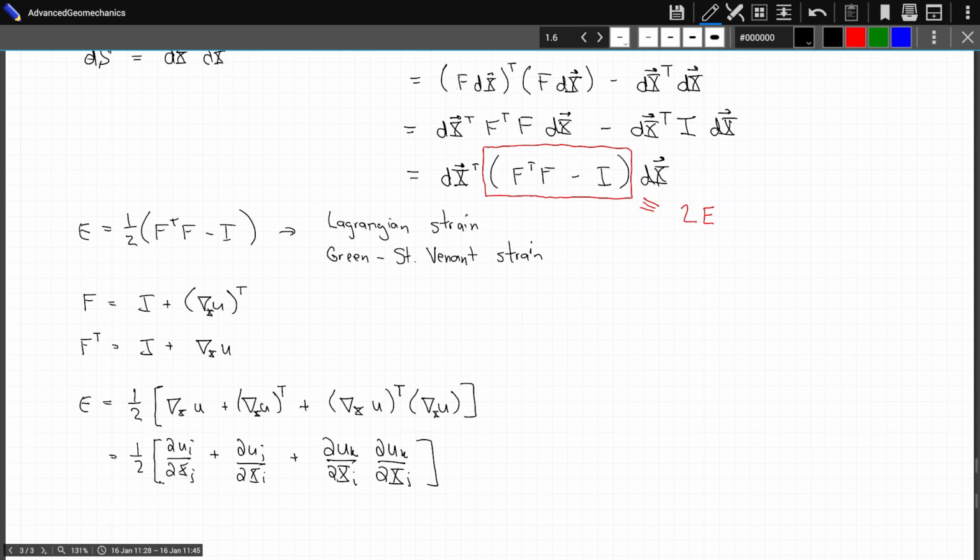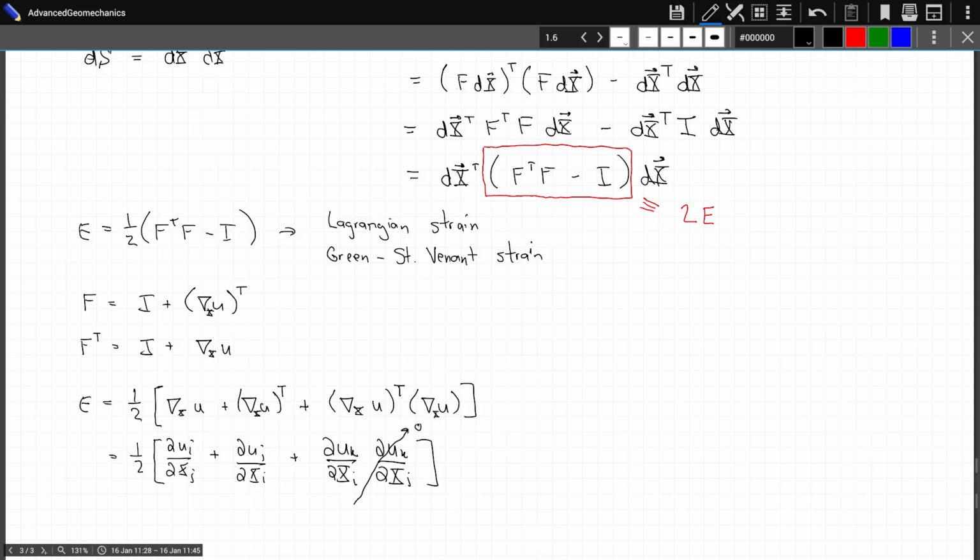So now if we were to linearize, you see this is nonlinear, right? It has this nonlinear term here, okay? So if you have small u, or specifically small gradient of u, displacement gradient, and I'll talk about what small is in a second, then perhaps this could be ignored.